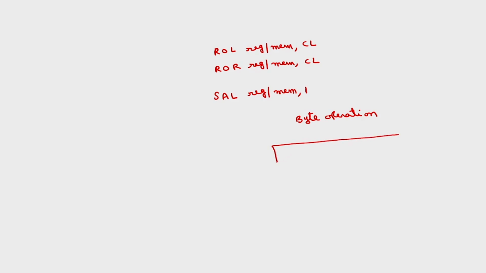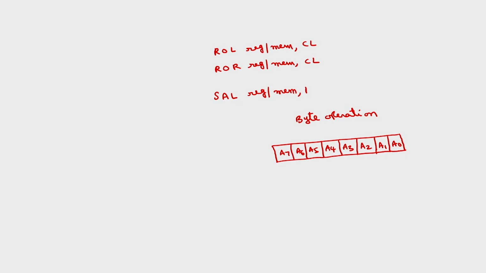So, this diagram will explain the operation of this SAL. This is A0, A1, A2, A3, A4, A5, A6, A7. So, in case of SAL, we are going to shift left.